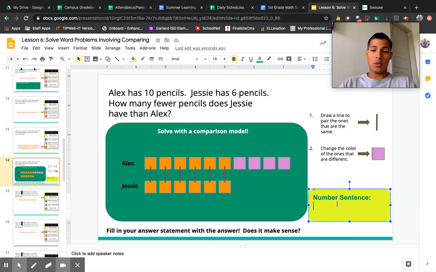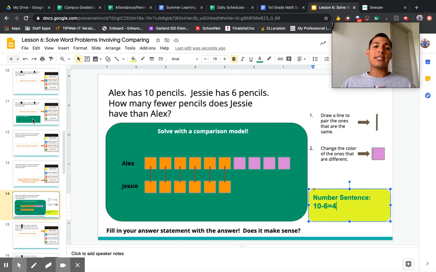So we know 10, because Alex has 10. So we need to subtract Jesse's 6 to find out how many fewer Jesse has than Alex. 10 minus 6 is 4, right? And to verify that answer, 1, 2, 3, 4. 10 minus 6 is 4.